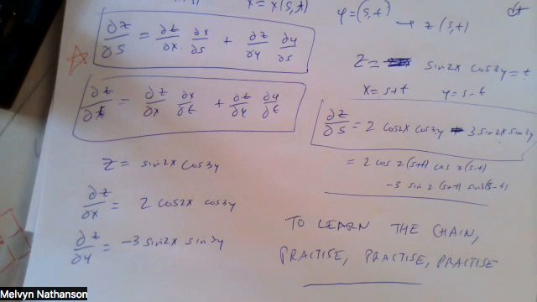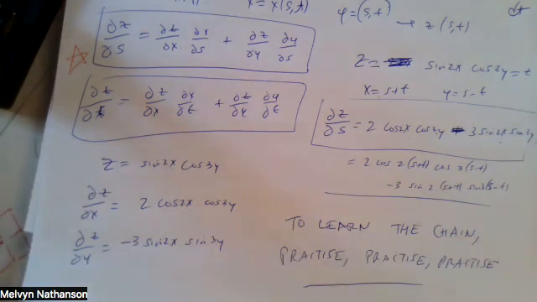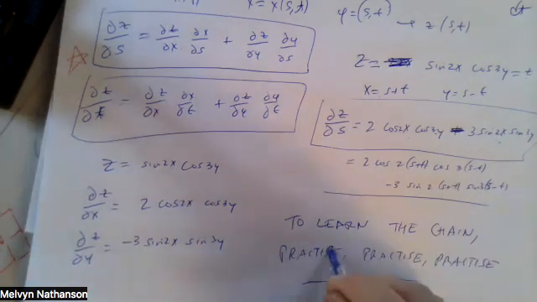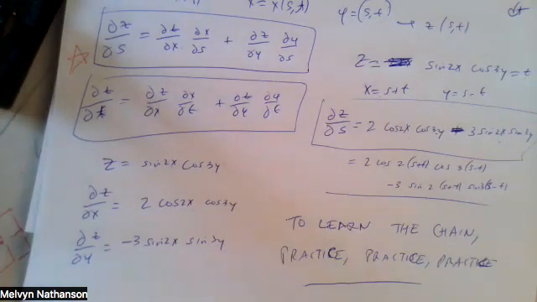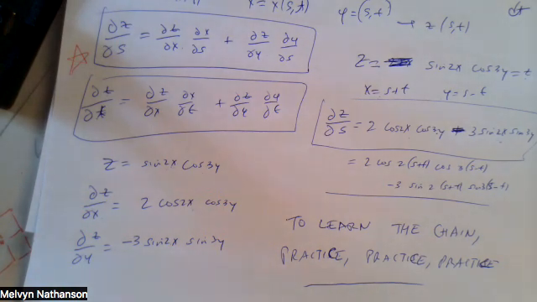And I try to give odd numbered problems in the exercises because the answers are in the back of the book and you should check them. By the way, practice is spelled with a C, so let me do that correctly. And I'll do more examples on Wednesday.